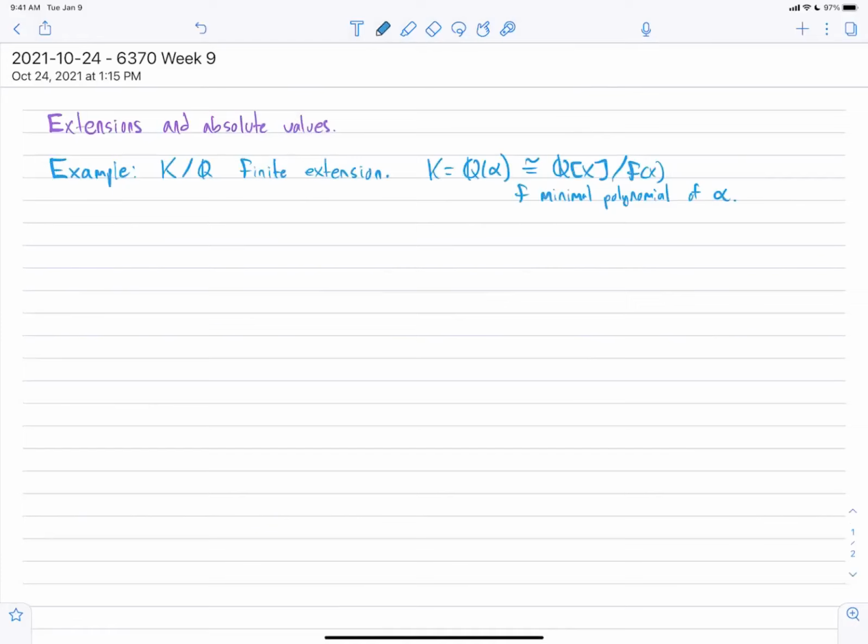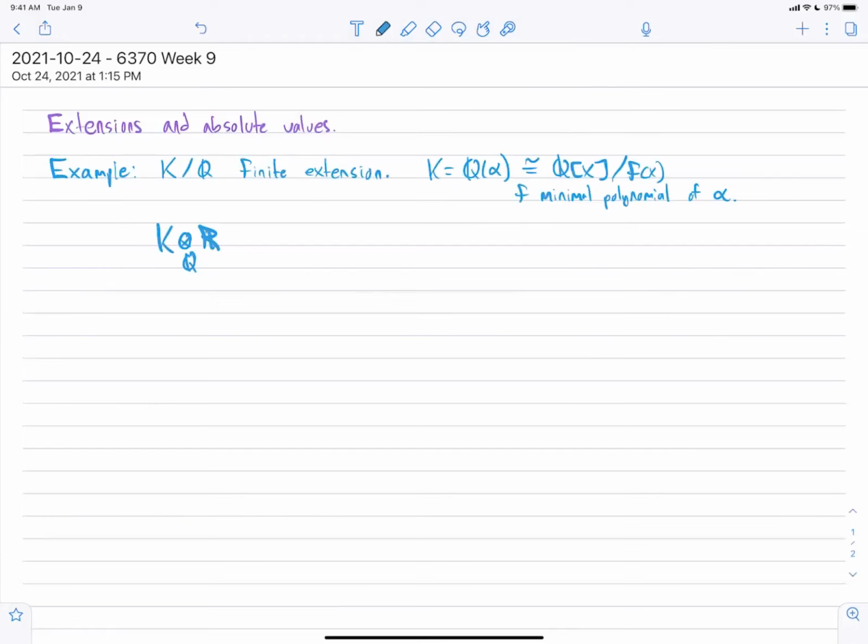Okay, and one thing that's sort of useful to do is to tensor this expression with the real numbers. So tensor my field K with the real numbers. This came up, for example, when we were proving various things about rings of integers.